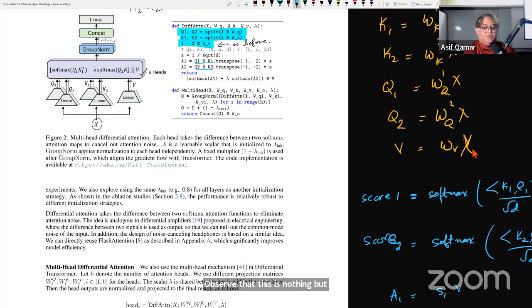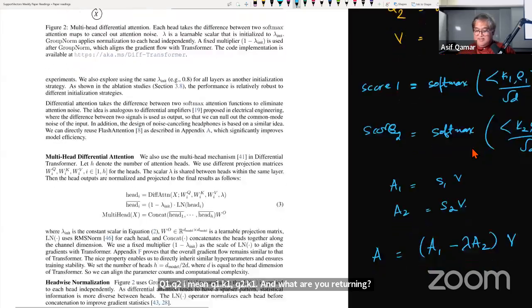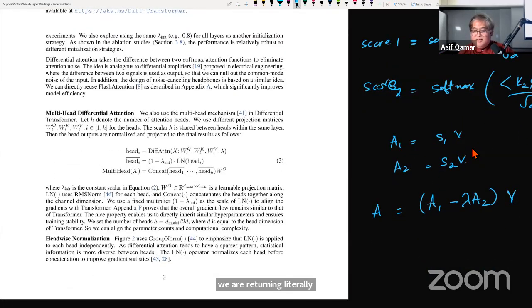Now, observe that this is nothing but Q1.K1, Q2.K2. And what are we returning? We are returning literally this. Attention is basically, actually, I should call it score.